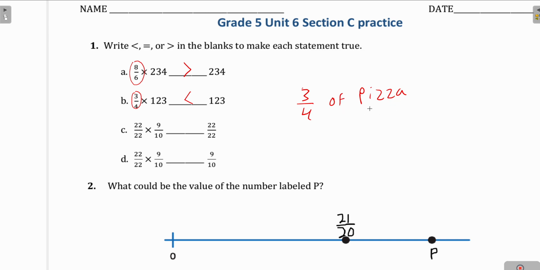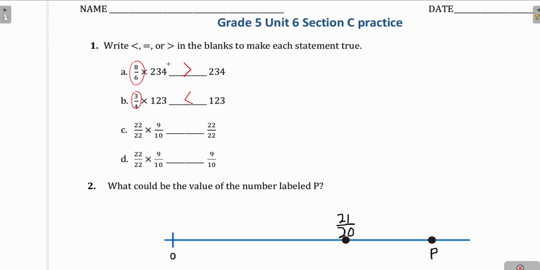Did I eat more than the pizza? No, because I ate less than the whole pizza, because 3/4 is less than 1. So this is going to be less than the pizza because I only ate 3/4 of it. Now, let's say I ate something more than 1, let's say I ate 5/4 of the pizza, then I ate more than the pizza.